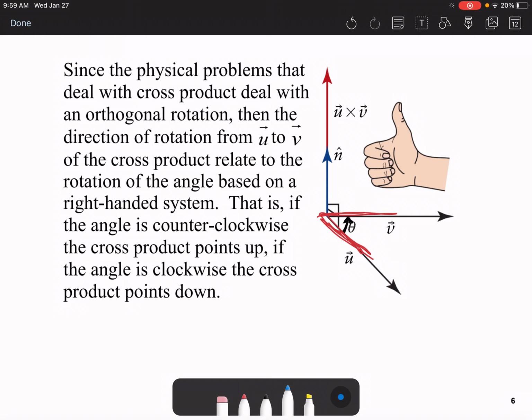That upwards direction is a multiple of this vector, which they call the normal vector. And therefore, sometimes what they'll do is, if they don't actually know what the actual vector is of u cross v, but they only have the magnitudes of u and v, they'll do u cross v is equal to the magnitude of u times the magnitude of v sine theta, and they'll multiply it by the n vector.